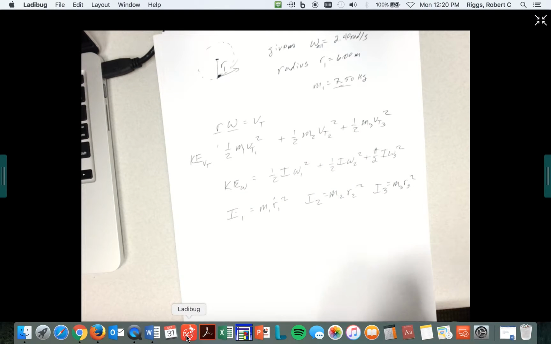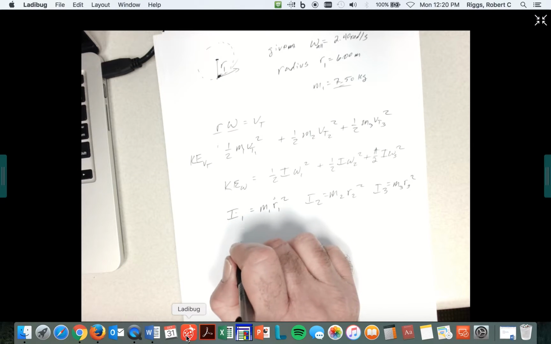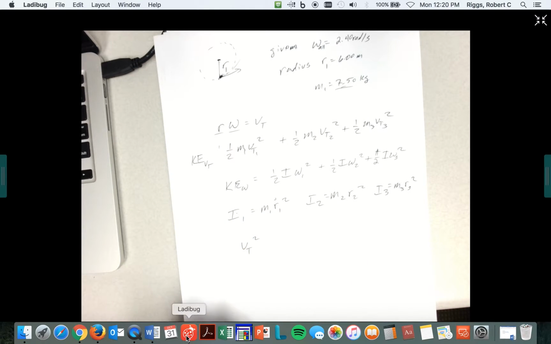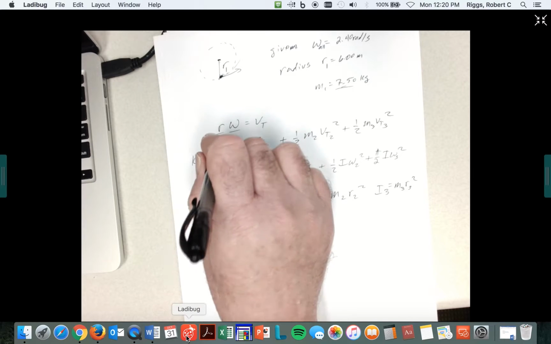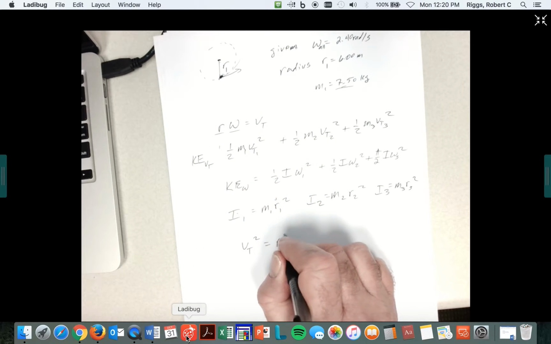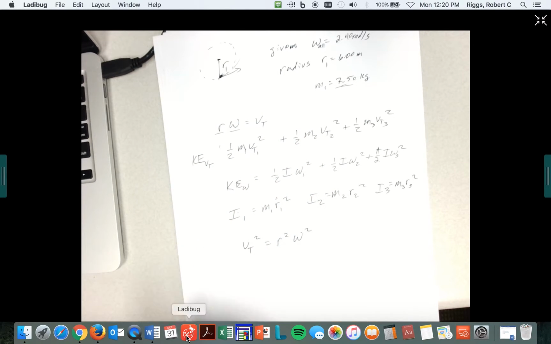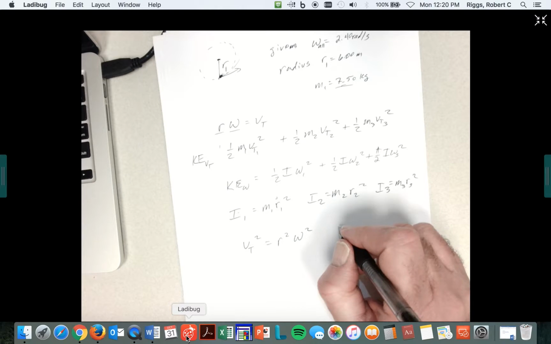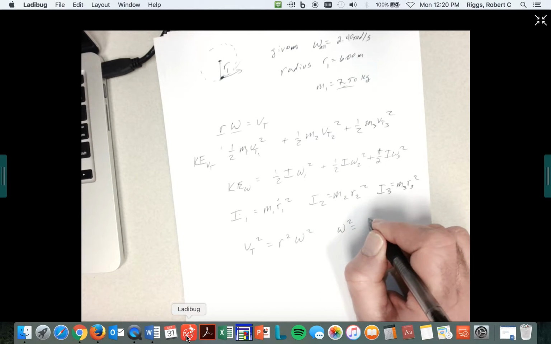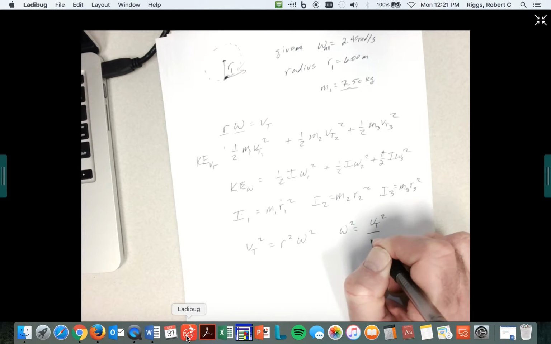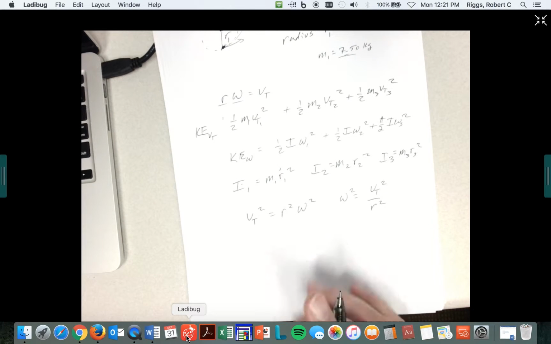Now look what happens when I take just vt squared. Well, vt squared is equal to r squared omega squared. Aha! So therefore, omega squared is equal to vt squared over r squared. So look what I wind up with.